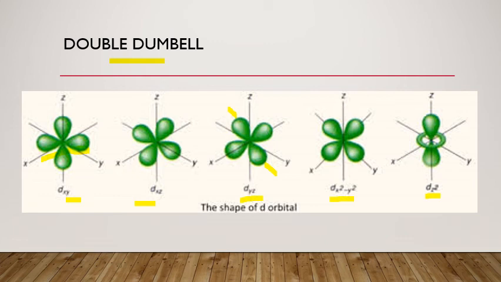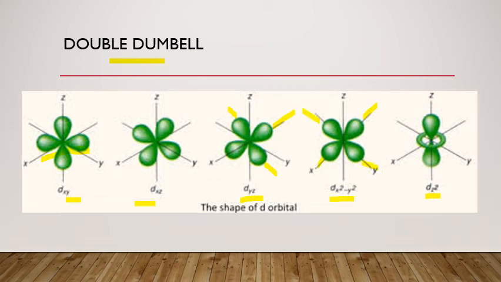Then on the x-axis, it is on the lobe. The fourth one is dx square minus y square. dx square minus y square is representing on the axis. So both the dumbbell lobes lie on the axis. On the x-axis we have two lobes, and on the y-axis we have two lobes.